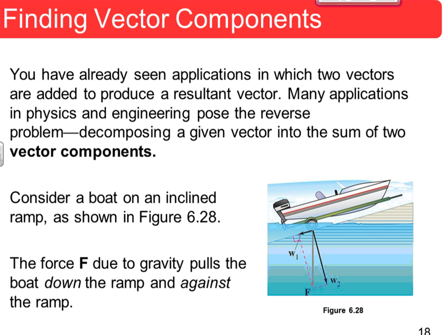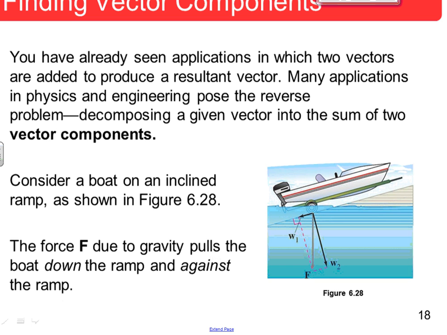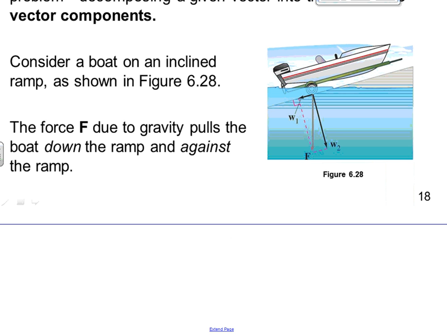Here's this little boat problem that we looked at earlier in a different section. Now consider the boat on an incline ramp, and the force due to gravity pulls the boat down and against the ramp.